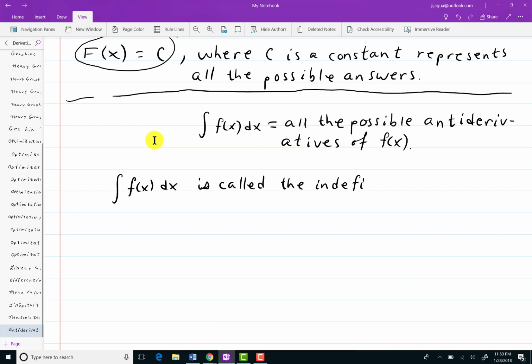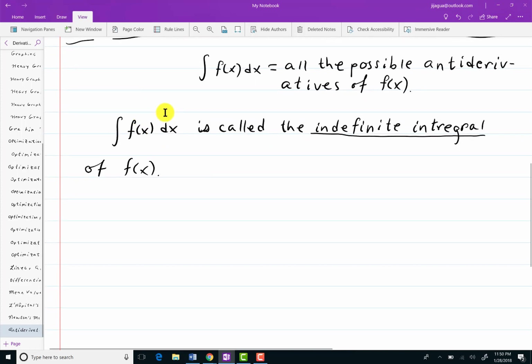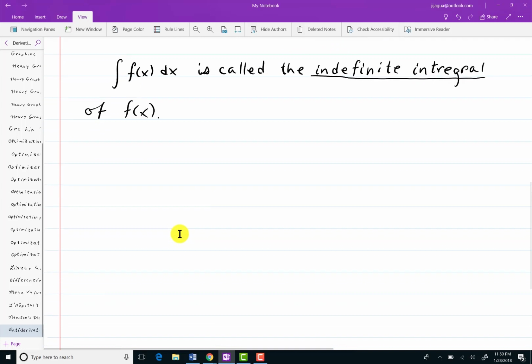As I mentioned, the integral symbol, that long S, is just the integral symbol. When I write that, I'll typically say the integral of f of x, or the long S symbol f of x dx. The whole thing is usually just called the indefinite integral of f of x. We'll have a definite integral later on, but for right now, we're working with just the indefinite one.